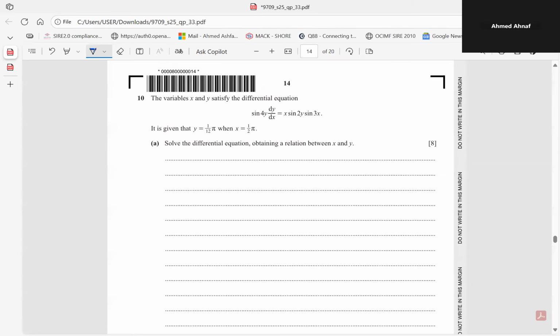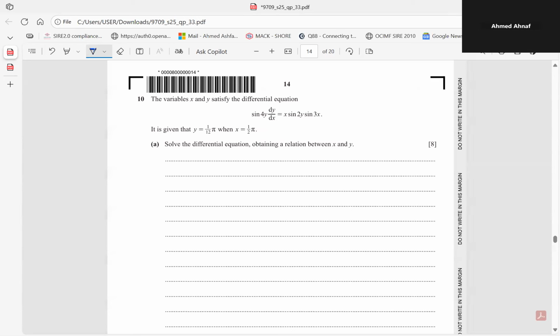Okay, so for this question, we're told that the variables x and y satisfy the differential equation, this, okay? And we're also given the initial conditions, y equals to pi over 12 and x equals to pi over 2. So for the first part, we have to solve the differential equation, obtaining a relation between x and y.